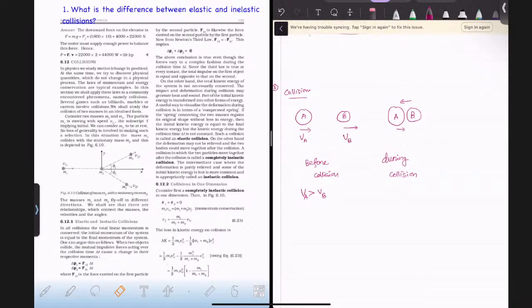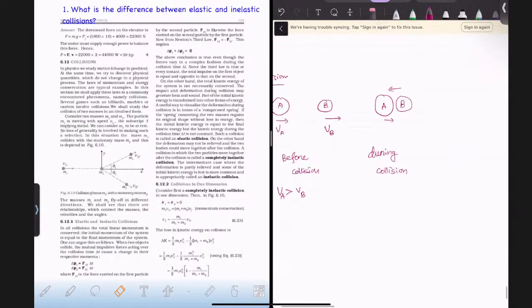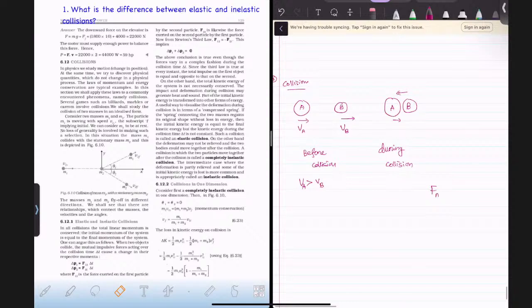Because object A had larger velocity than the object B. So object A will put more force on object B. See, if object A is putting force FA on object B, and object B is putting force on object A, that is FB, obviously here FA will be greater than FB, because A is moving with the same larger velocity. Okay.